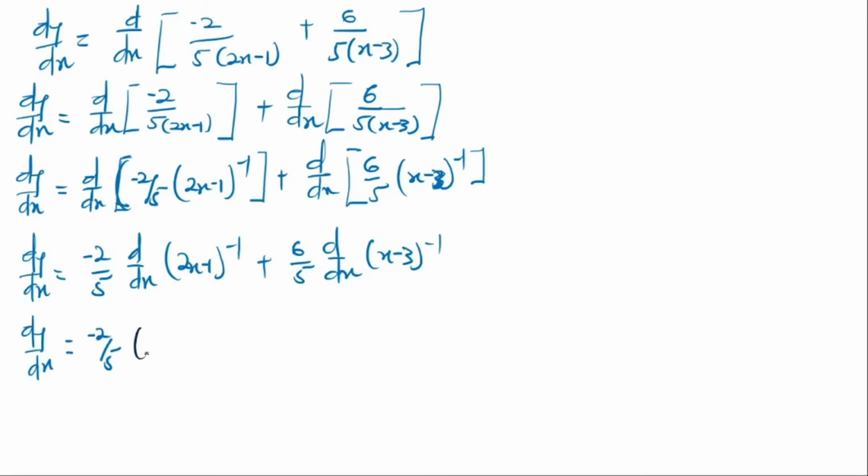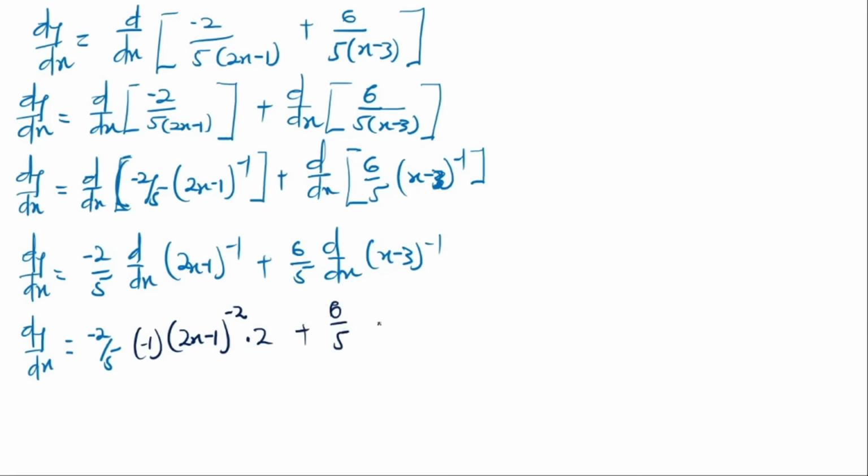So we have negative 1 multiplied by 2x minus 1. Then if we subtract 1 from negative 1, we get negative 2. Then we now multiply by the differentiation of what we have in the bracket over here. So if we differentiate 2x minus 1, we get just 2. Okay, then plus we still have our constant 6 on 5.